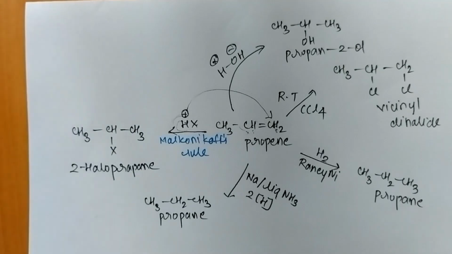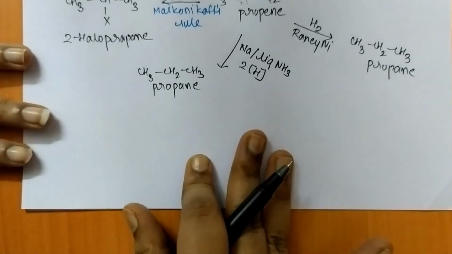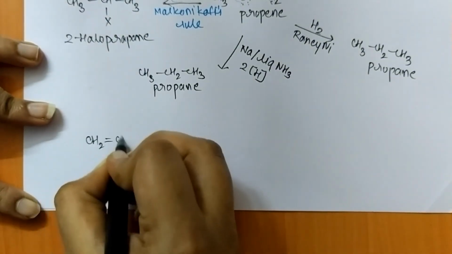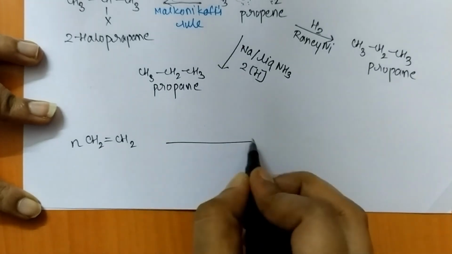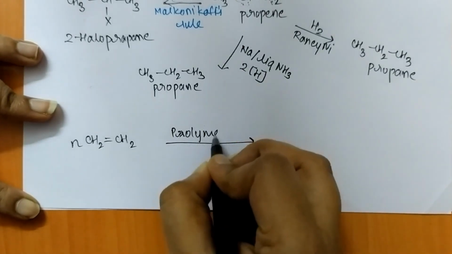Now our next reaction is the polymerization reaction. That I'll show to you separately. So suppose I have ethene and there are n molecules of ethene which are reacting. So definitely it is going to undergo polymerization.